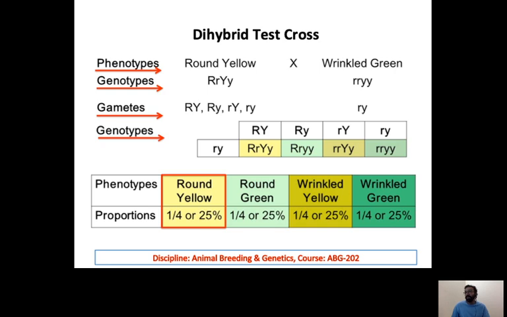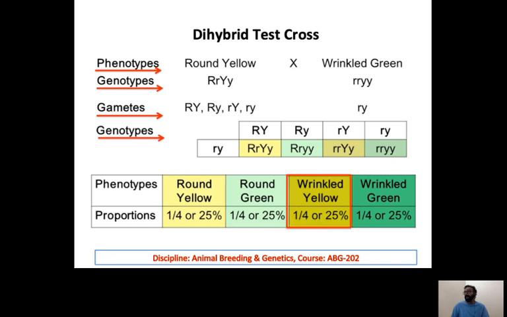The first genotype is round and yellow, which is basically heterozygote. The second is the round and green. So this is heterozygous for round, but homozygous recessive for green.